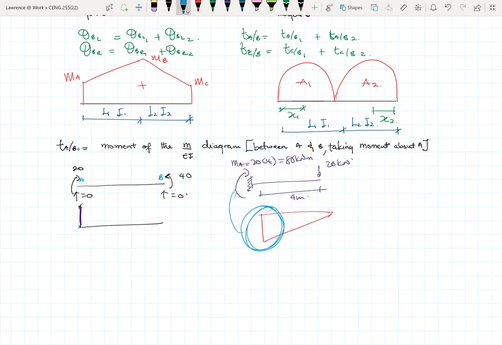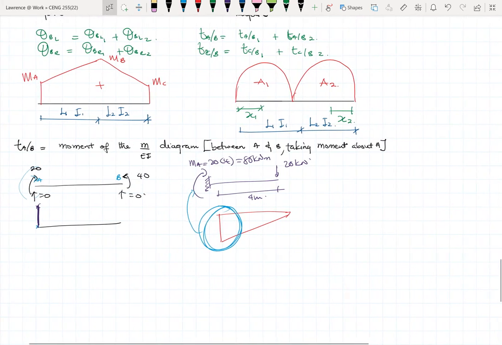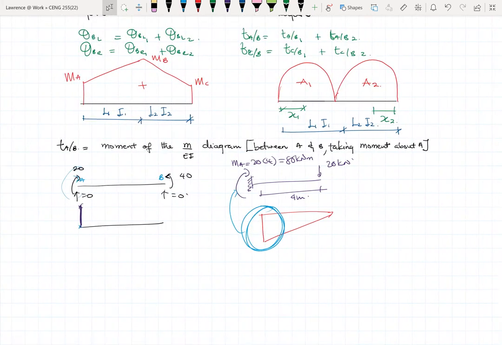In the same way, we are looking at these point moments MA and MB. If there's no load between A and B, this will not be 40, it might still end up being 20. So at any point between A and B, the moment is still 20, and it comes all the way down to 0.